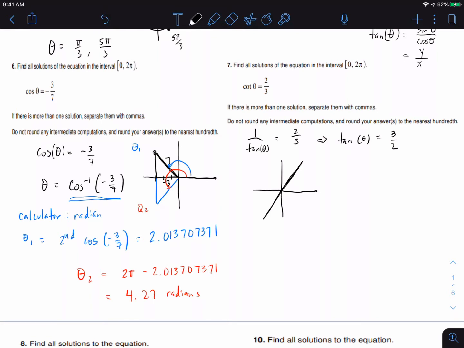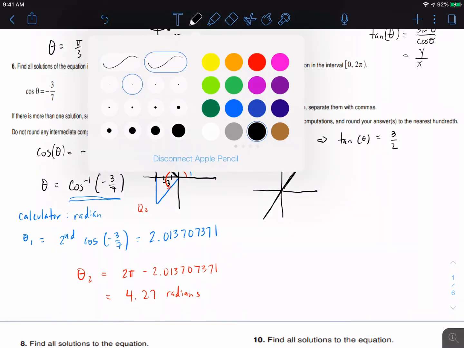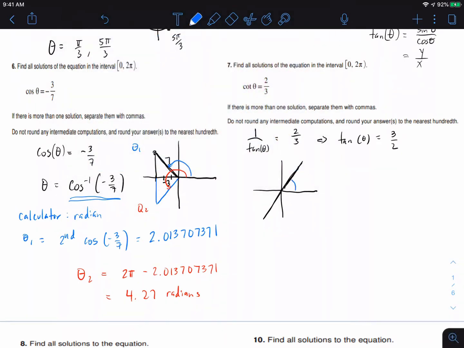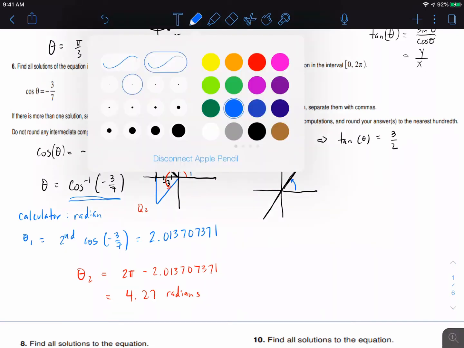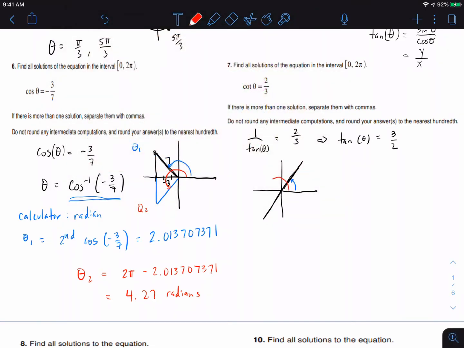And so here what we're going to do, and I'll explain this to you guys, the first angle is going to be this one, and then our second angle is going to go all the way through. Okay, does that make sense? The two angles? Okay, cool.